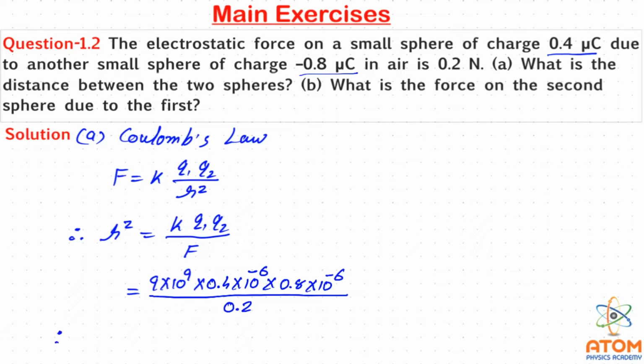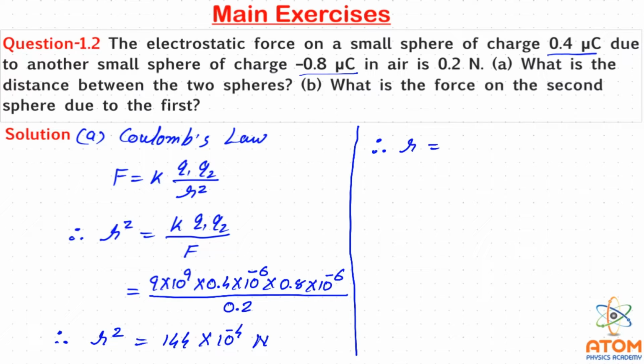So solving this we will get r square as 144 into 10 raised to minus 4, and so from that we can now find r.